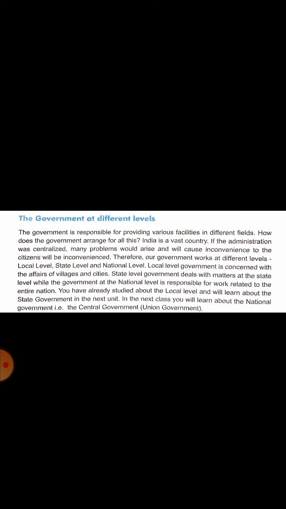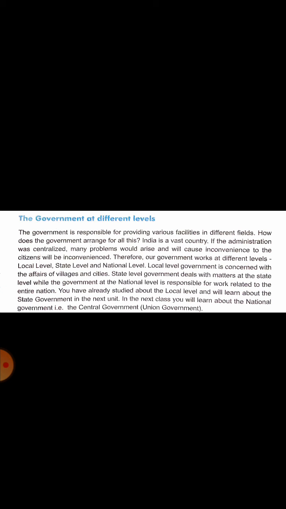Just imagine that only the central government is there, not the state government, not our local self-government. You can imagine the problems and the result. Only the central government can't control all of India. So definitely we need different levels of government.